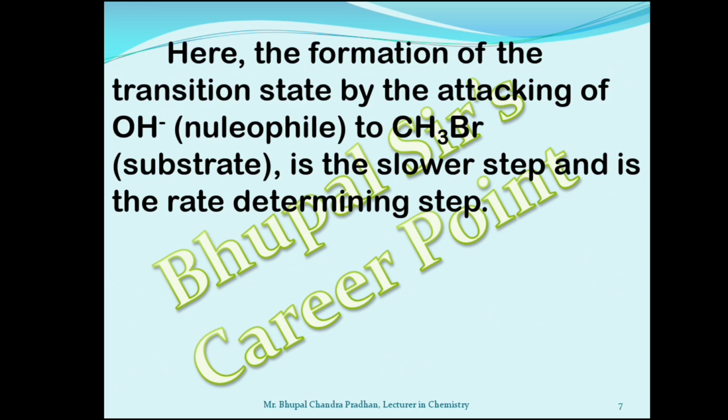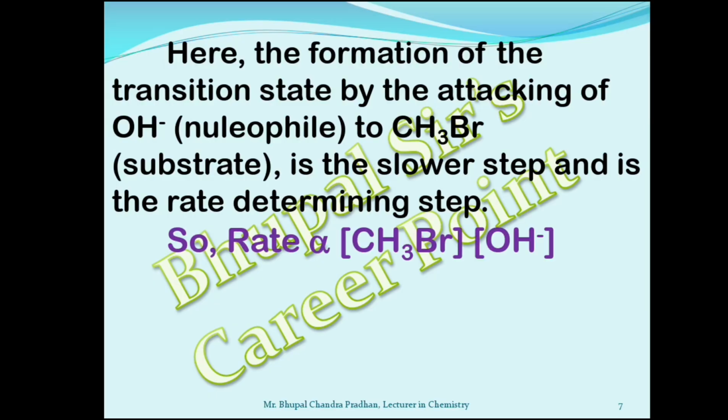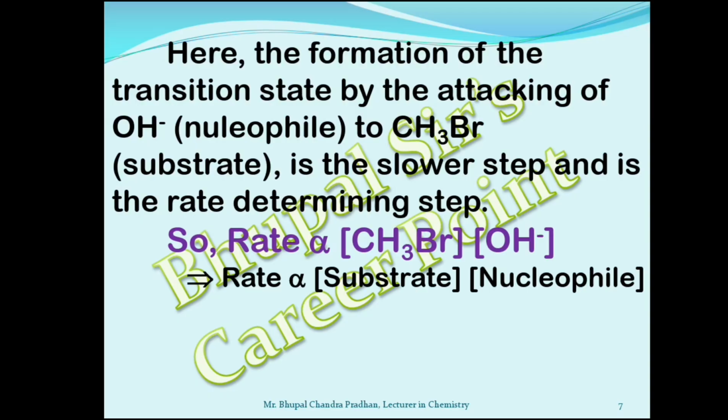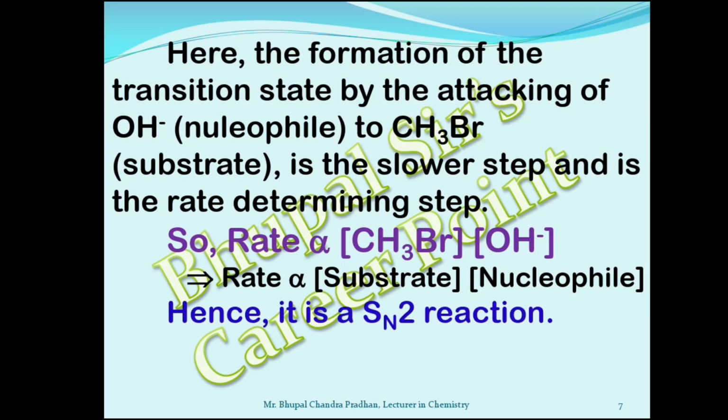Now, let us see how this reaction depends upon the concentration of the nucleophile OH- and the substrate methyl bromide. Here the formation of the transition state by attack of the OH- nucleophile on the methyl bromide substrate is the slower step and is the rate determining step. So the rate is directly proportional to the concentration of methyl bromide and OH-, that is, the concentration of substrate and nucleophile.